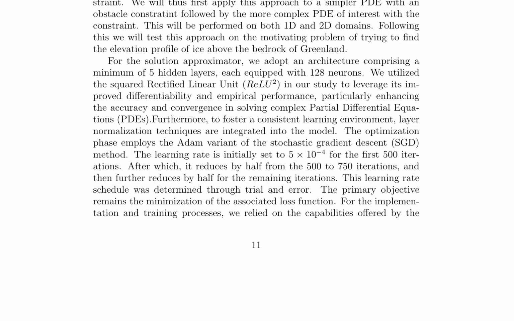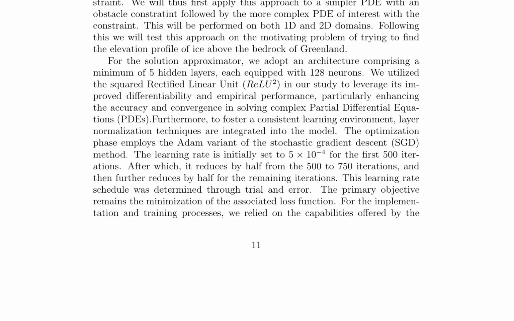The solution approximator adopts an architecture comprising a minimum of 5 hidden layers, each with 128 neurons, utilizing the squared rectified linear unit and layer normalization techniques. The optimization phase employs the Adam variant of stochastic gradient descent with a learning rate schedule determined through trial and error.